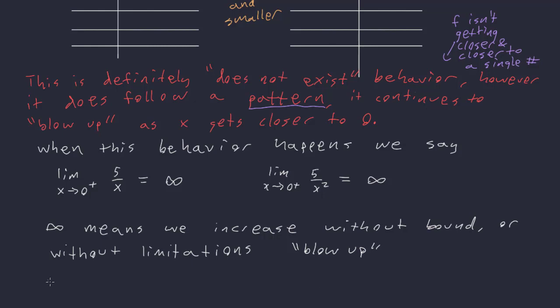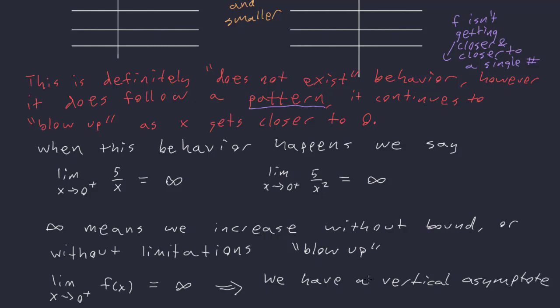You may have learned about this in the past as a vertical asymptote, right? When the limit as x, say, goes to 0 from the right of f of x is infinity, this corresponds to a vertical asymptote at x equals 0.